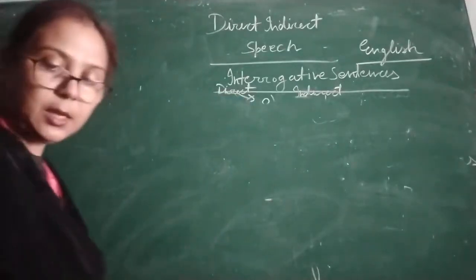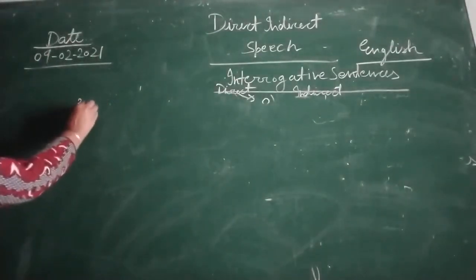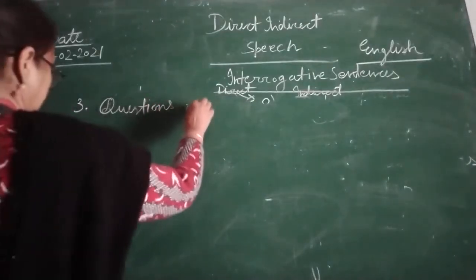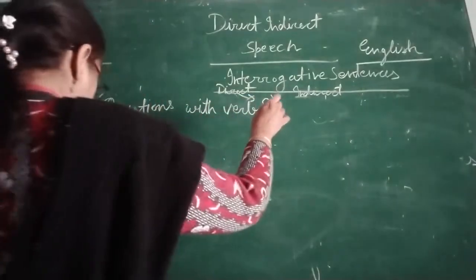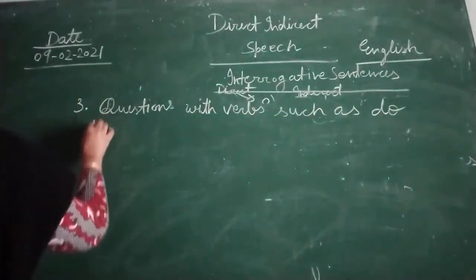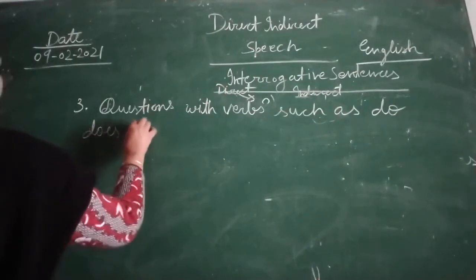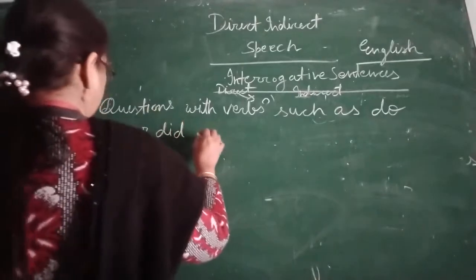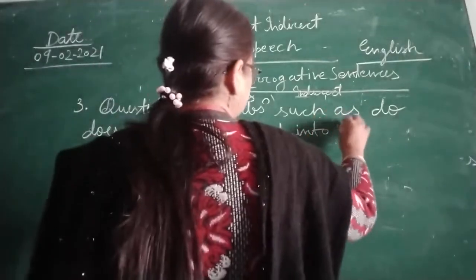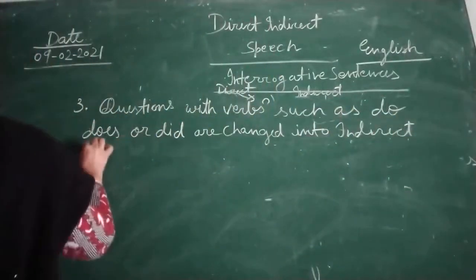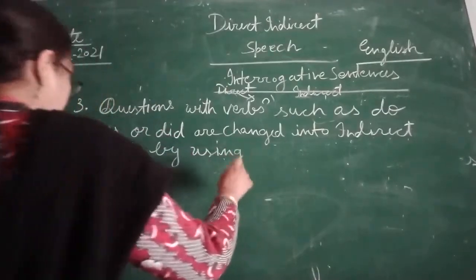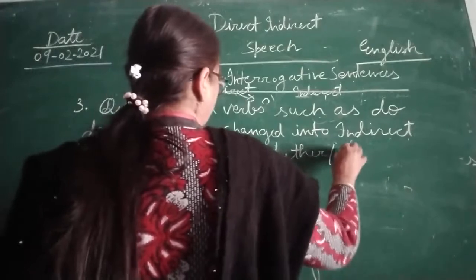Okay children. Now we are moving to the third rule for making interrogative sentences from direct to indirect speech. The third rule is: questions with verbs such as do, does or did are changed into indirect speech by using whether or if.